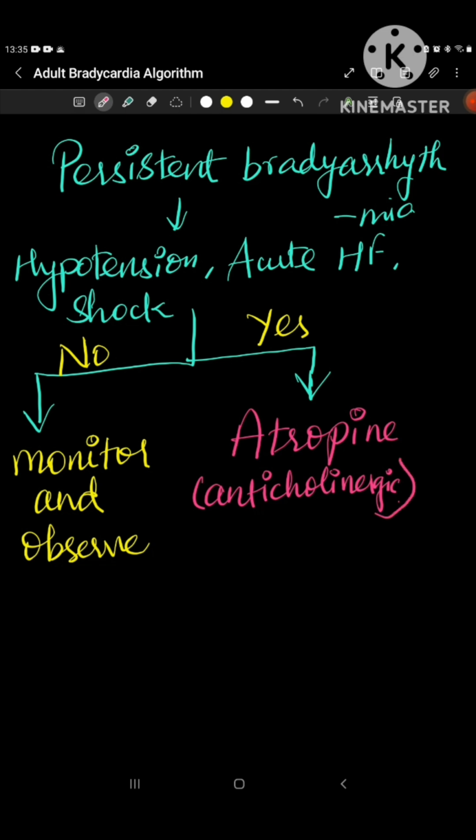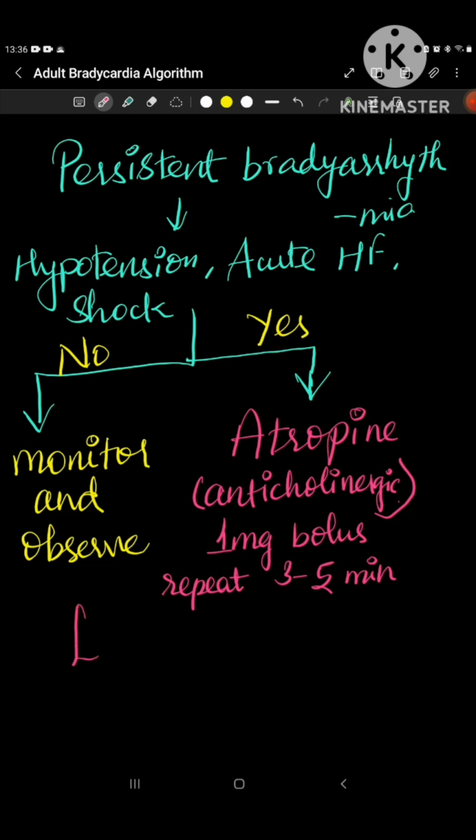So what is the dose? First we give a 1 milligram bolus and repeat it every 3 to 5 minutes. It's not like you give 1 milligram bolus and forget what has happened to the patient. Repeat it every 3 to 5 minutes if the patient doesn't recover. What is the maximum dose?